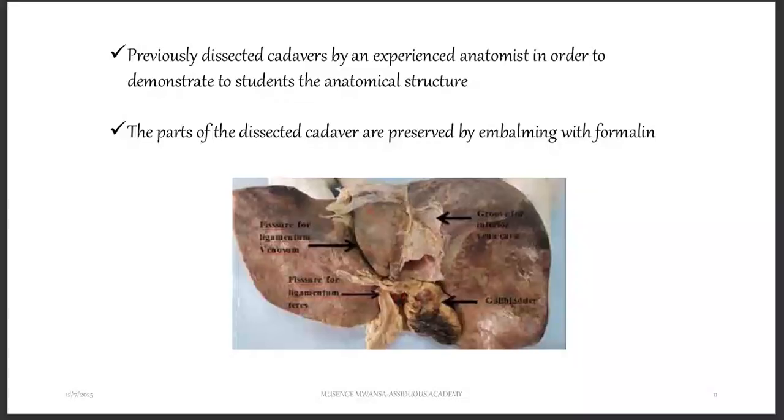So prosected cadavers, this is basically where you have a dissected cadaver. For example, this is the liver, the real human liver, but it has been embalmed with formalin. As you go to the dissection room, to preserve those bodies, what is used is formalin, and formalin can be so painful.